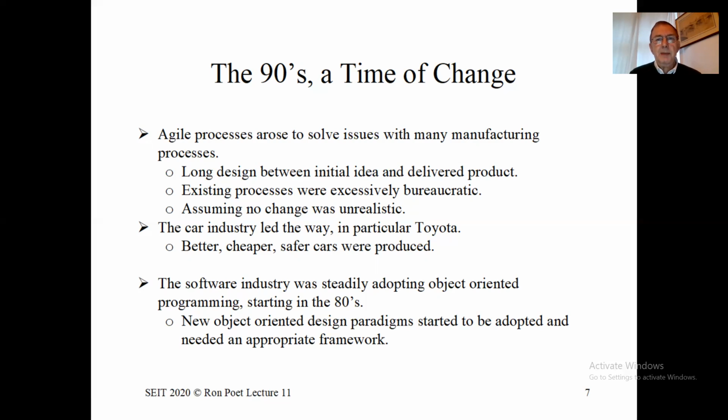So that was the manufacturing, cars just being one example. The software industry was evolving, and starting in the 80s and then into the 90s, object-oriented programming became widespread. This was a new way of writing programs so that a single programmer could understand much larger programs.